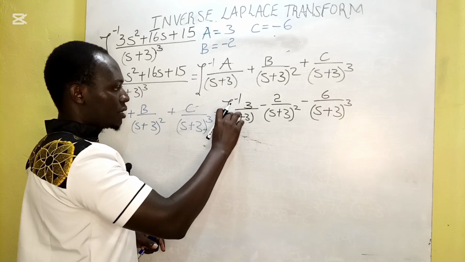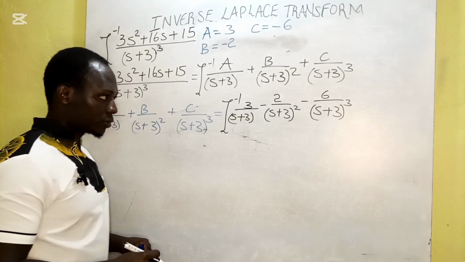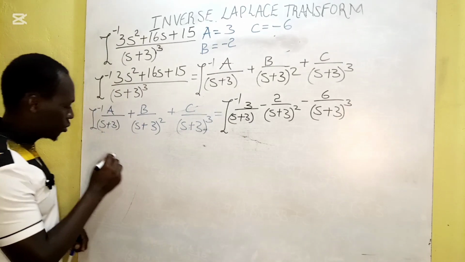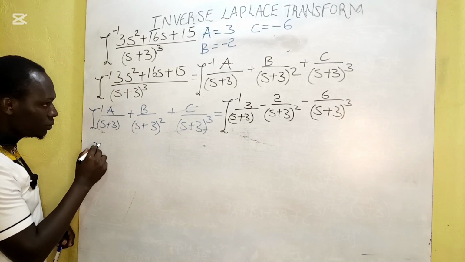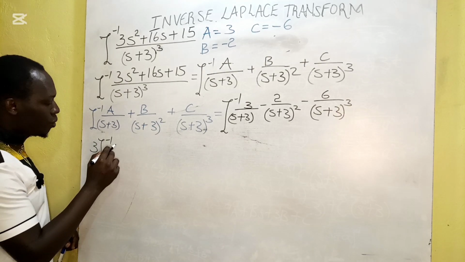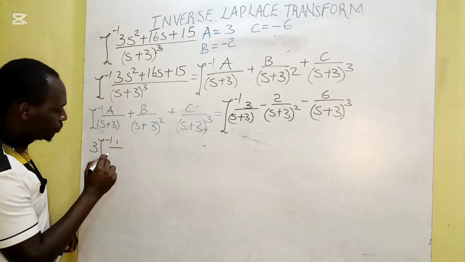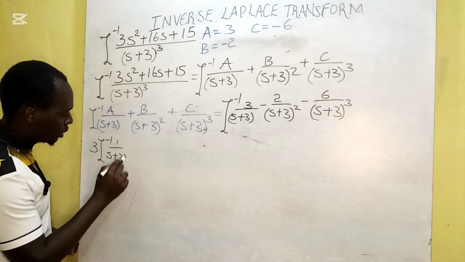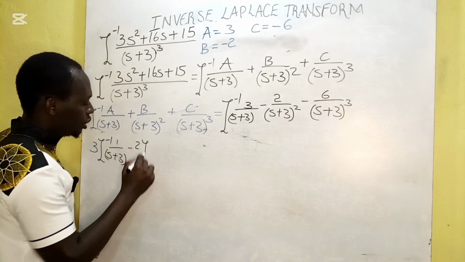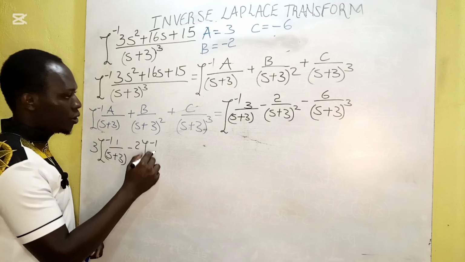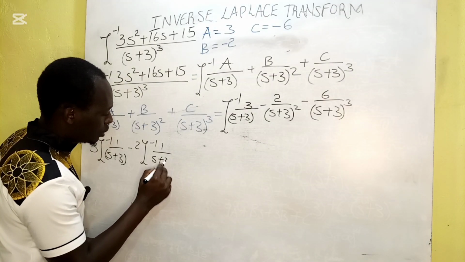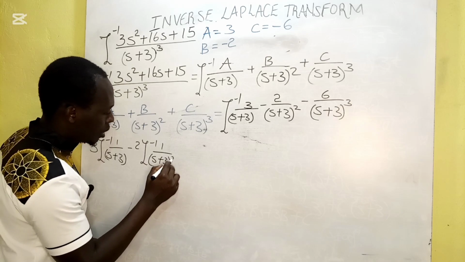The inverse Laplace transform we distribute to each and every term, and by doing that we are going to have 3 times the inverse Laplace transform of 1 all over s plus 3. We come and subtract from 2 the inverse Laplace transform of 1 all over s plus 3 squared.